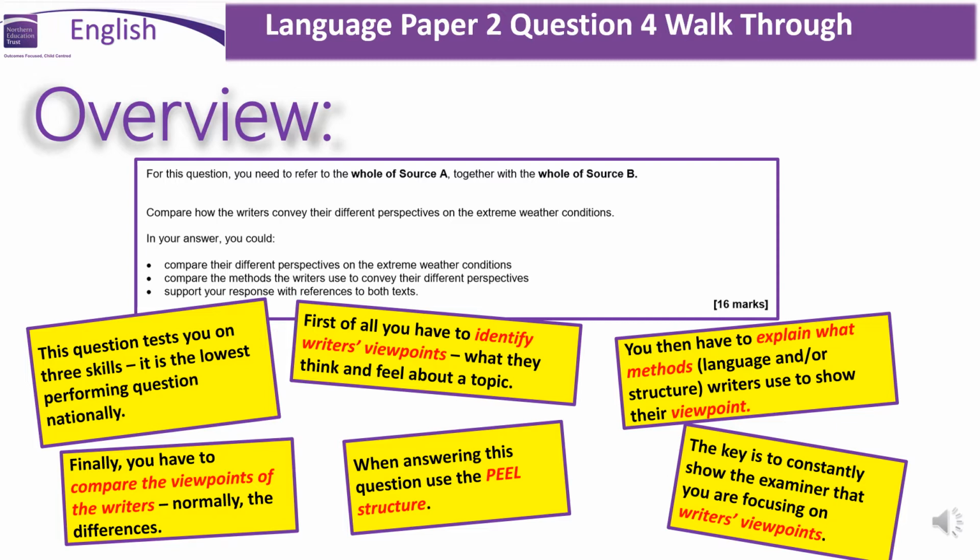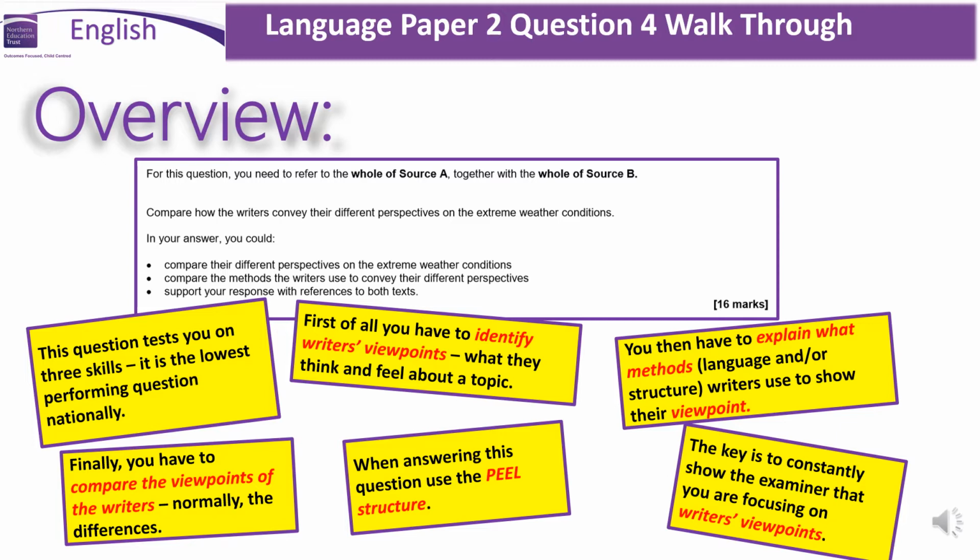Now, this question tests you on 3 skills. It's a hard question, and because of that, it is the lowest performing question nationally. However, I firmly believe that there is quite an easy structure and layered approach to take when answering this question.